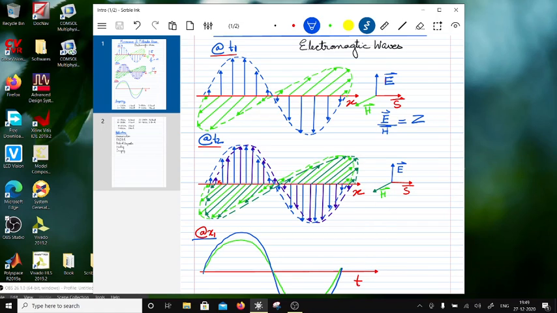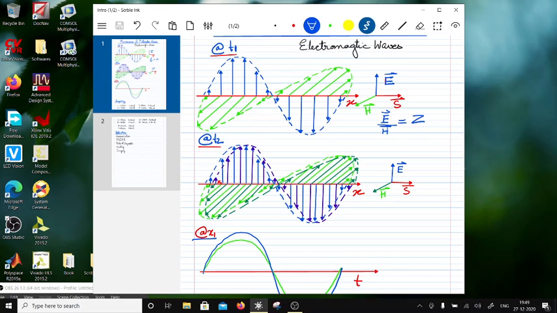So what is happening is that E and H are perpendicular to each other, and the direction of propagation is perpendicular to both. Now how do you find the direction of propagation? Let's assume that E collapses into H, like a circular motion.